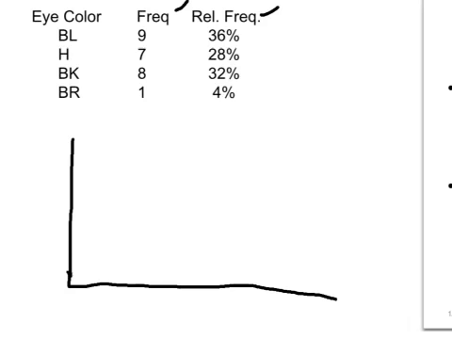In this case, for aesthetic purposes, I think that either going from smallest to largest or largest to smallest is more aesthetically pleasing. So when I construct mine, I'm going to go from largest to smallest. So along the horizontal axis, let's go blue. Then the next one will be black. Then the next one will be hazel. And the next one will be brown.